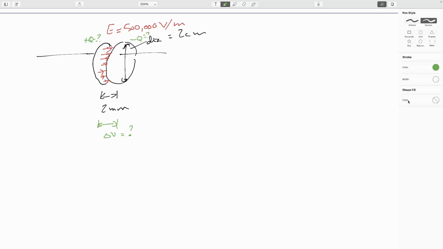All right. Well, as far as getting the voltage, remember inside a capacitor, the electric field is pretty much uniform. So we can say delta V equals ED, our relation for voltage difference given a uniform field. So this will be 500,000 volts per meter, and we'll have to take those millimeters and turn them into meters.